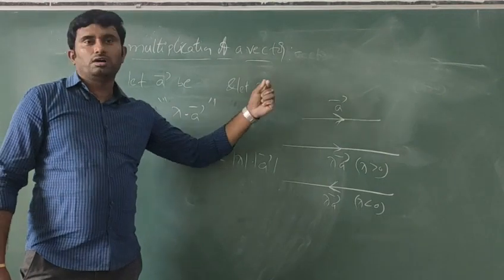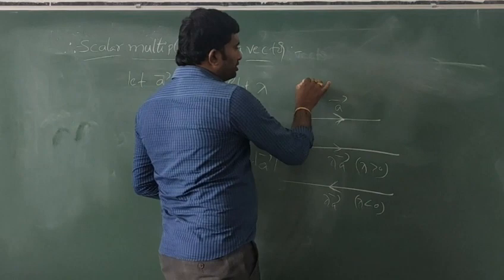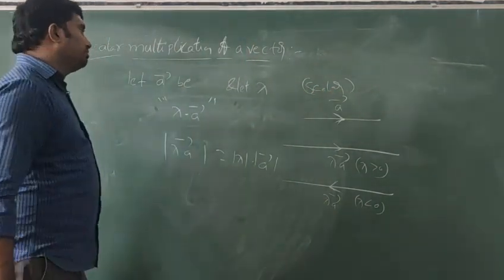Let lambda be the non-zero real number, in bracket scalar. The real number is a scalar.